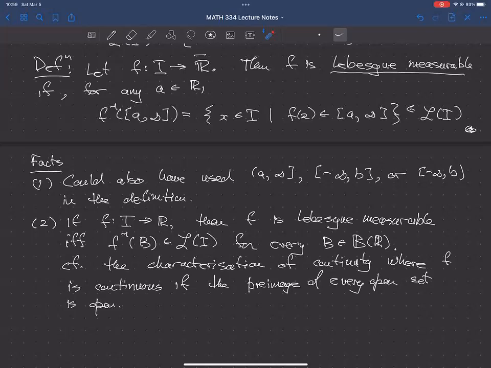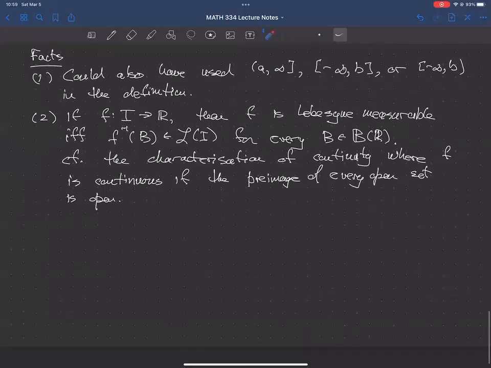You're looking at pre-images of sets with a certain character: here, Borel sets, and here, open sets. All right, so good.